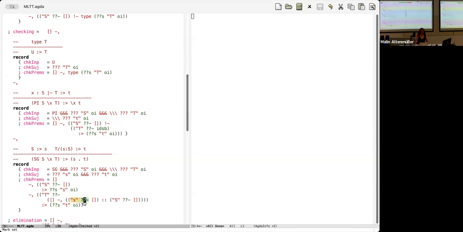That means it is being moved from being a subject to being a citizen. And all of the other references are to the actual meaningful thing. So again, three components to a checking rule: a pattern for the input, a pattern for the subject, and a list of premises that have to cover the stuff in the subject.